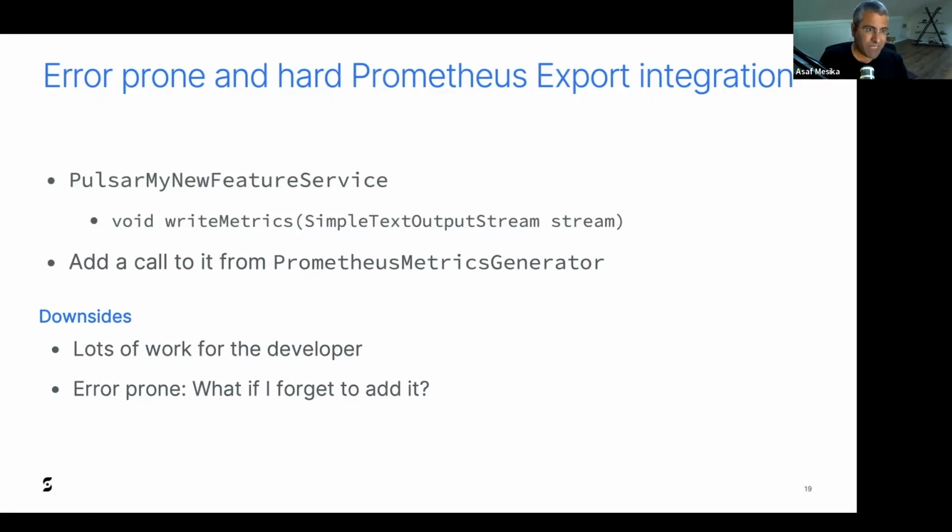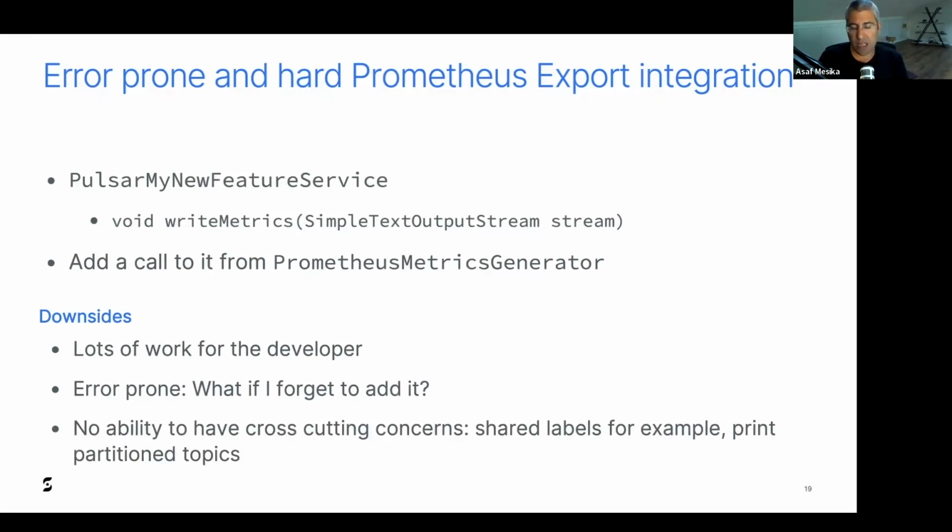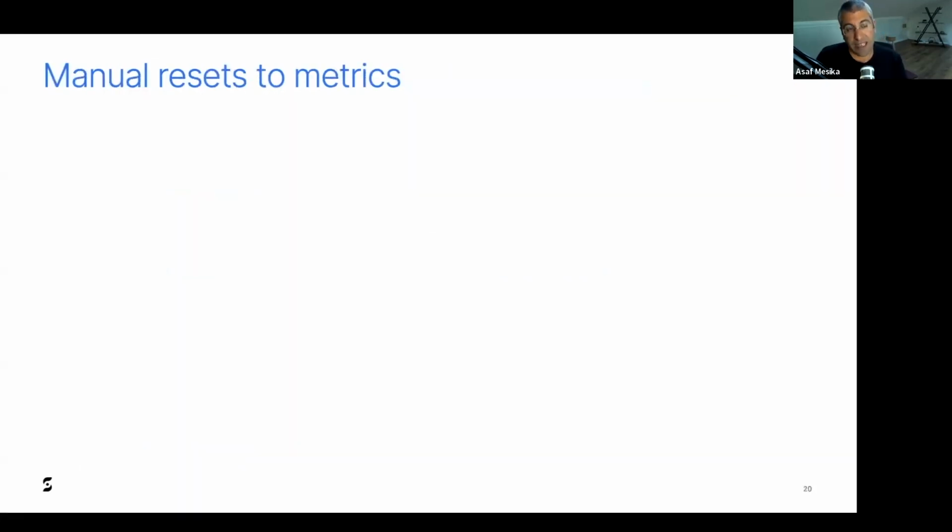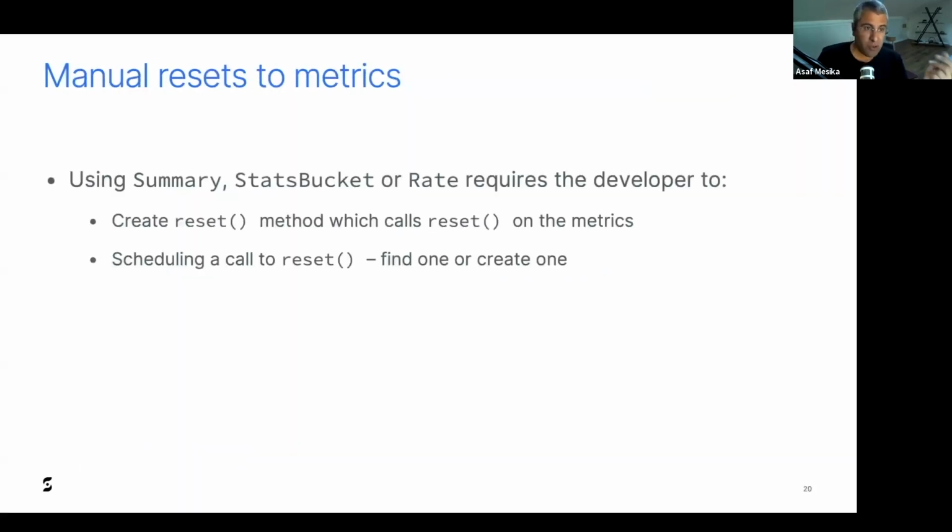And it's error prone. What happens if you forget to add those? And what if you want something cross-cutting, like a shared label for all the metrics? You can't, because every class has its own logic for writing the metrics. Another problem is that if you use summary or stats bucket or rate, it basically requires you to write your own method called reset, which calls reset on those metrics.